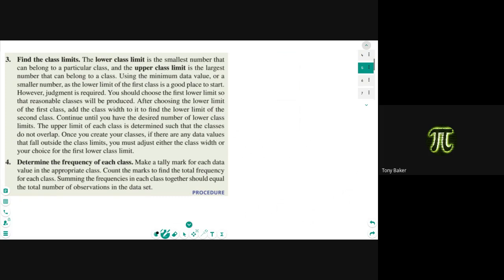So let's start off at 62. We're going to go 62 and have a class width of 8. So what's the upper limit going to be? For this one class, remember, my width is going to be 8. If I'm starting at 62, where's the end point of this class going to be?